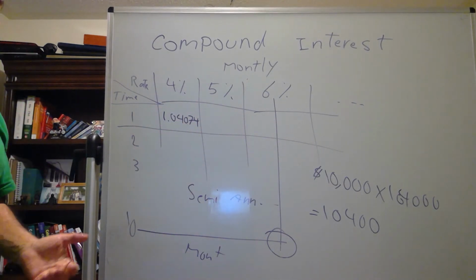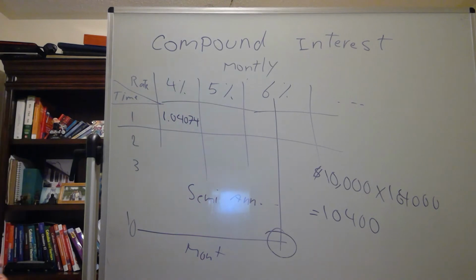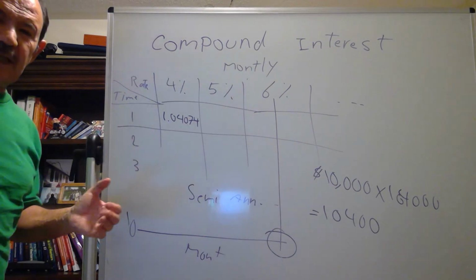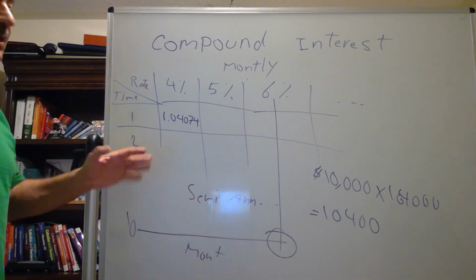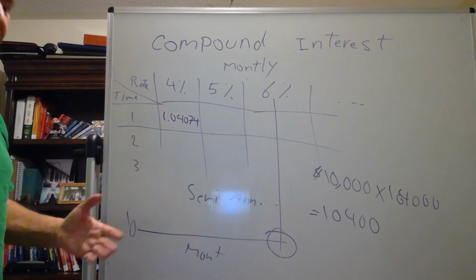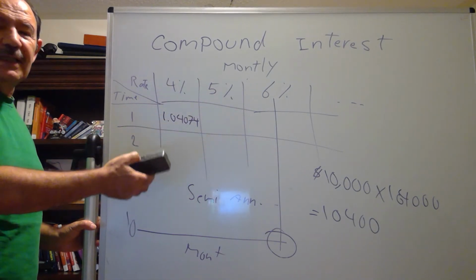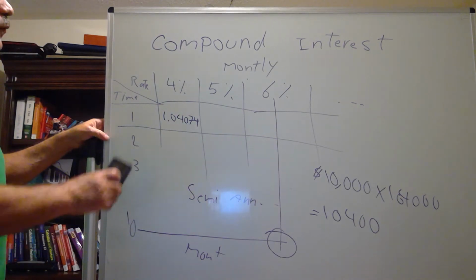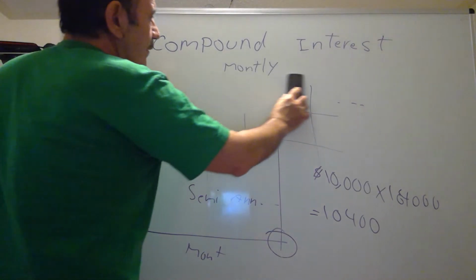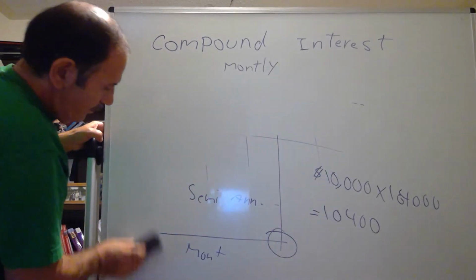The other way of calculating compound interest is using the formula, which is much more flexible. We need a little bit more calculation. It's not as easy as this one, but we are not limited to the numbers in the table. So what is the formula that we can use?